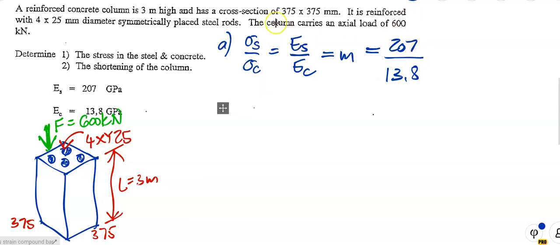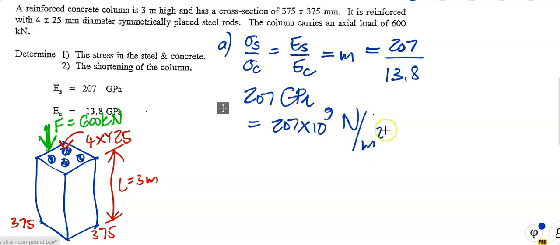Right, we did this in conversions in applied mechanics. 207 gigapascals is equal to 207 times 10 to the power 9 pascals. And what's a pascal? A pascal is newtons per meter squared.